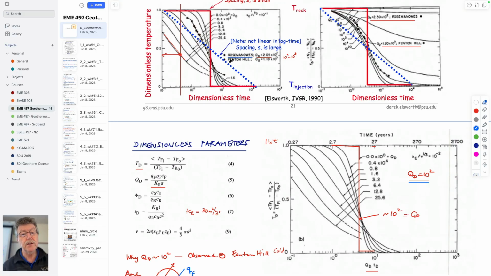Fenton Hill was the first one at Los Alamos, 1974 onwards. They both have flow-through rates, if you fit them to these curves, at something like these volumetric flow rates of 10 to the 2 non-dimensional parameters. So this is this.